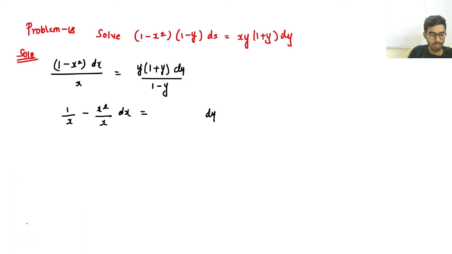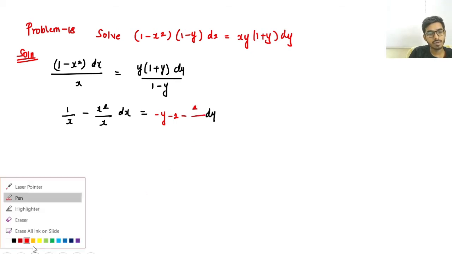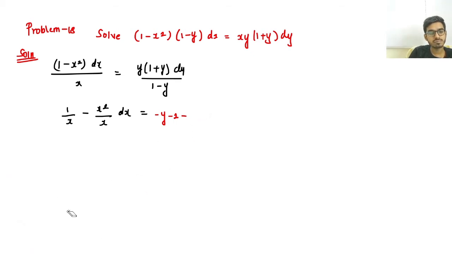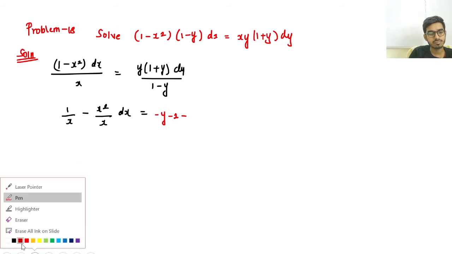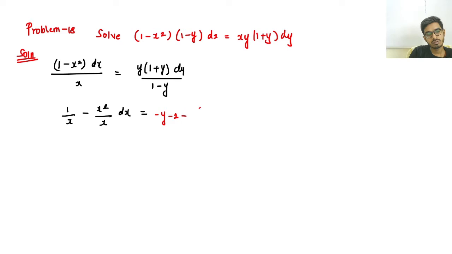So I'm going to make a slight adjustment to this term. I'm going to write this as minus y minus 2 minus 2 divided by 1 minus y dy.